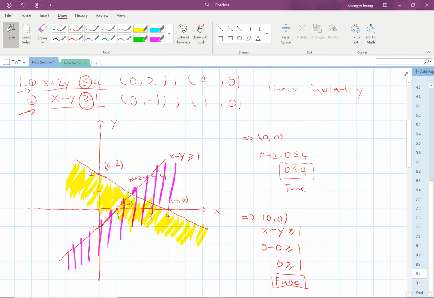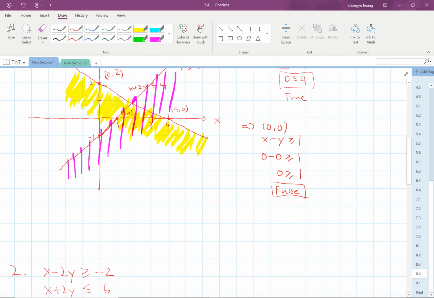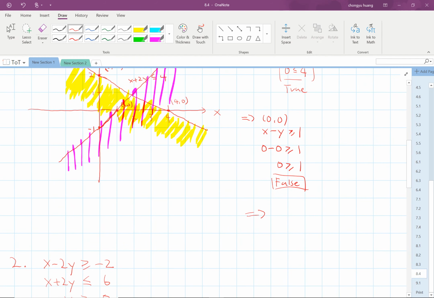And then the next thing, let me write it down, is to try to find the area in common.